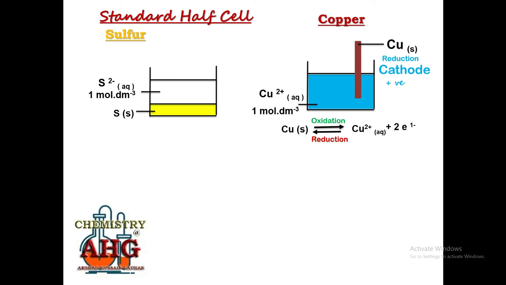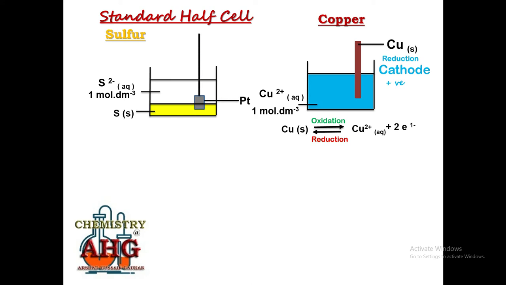Now since sulfur is a non-metal, we will introduce platinum metal, but platinum must be introduced in such a way that it is half buried in the solid sulfur and the other portion is in the solution of sulfide. This must be connected to the platinum wire.